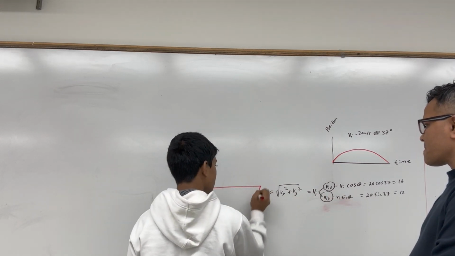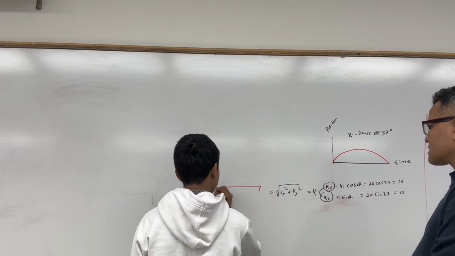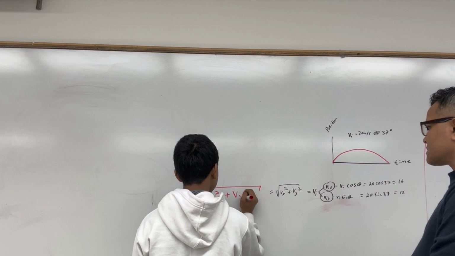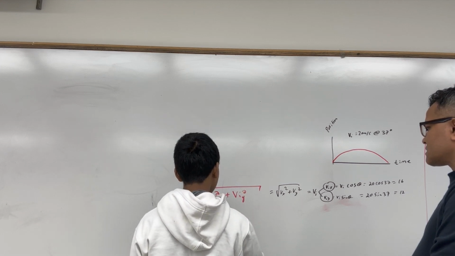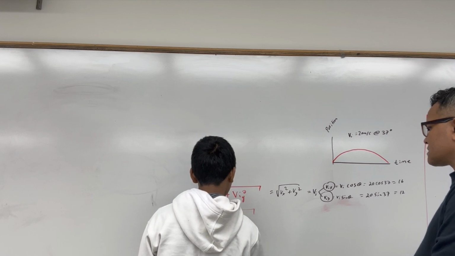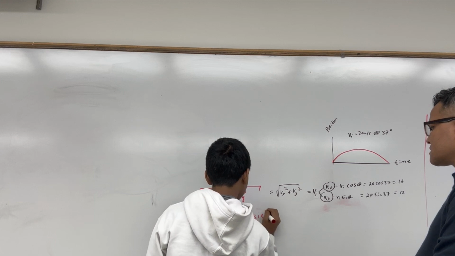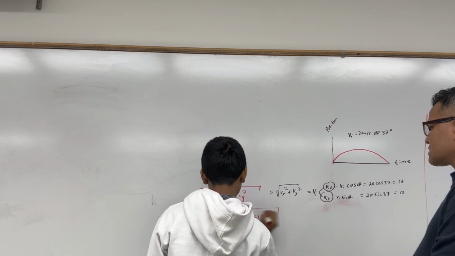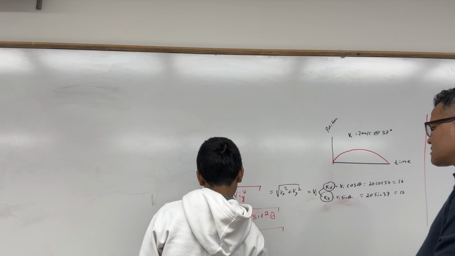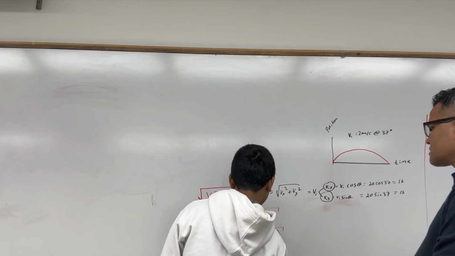If you put this back in here, you get the square root of Vix squared plus Viy squared, which is equal to the square root of Vi squared cosine squared theta plus Vi squared sine squared theta, which is equal to the square root of Vi squared times sine squared theta plus cosine squared theta.